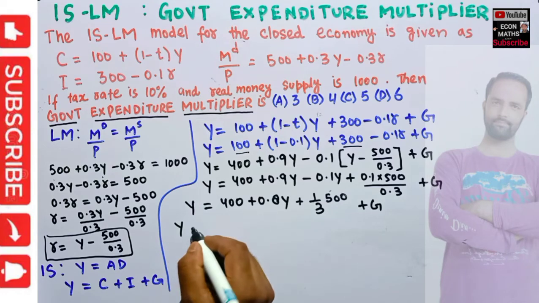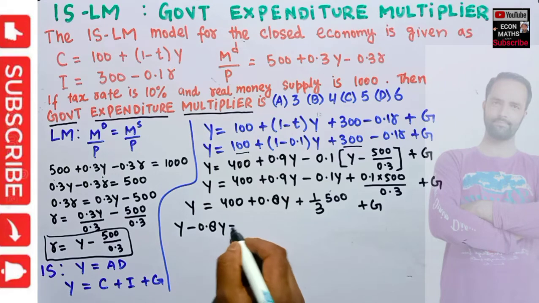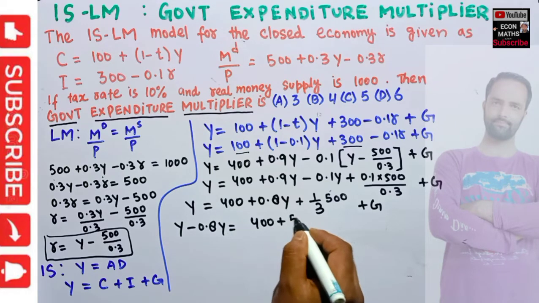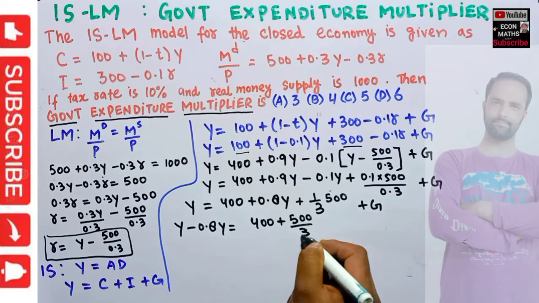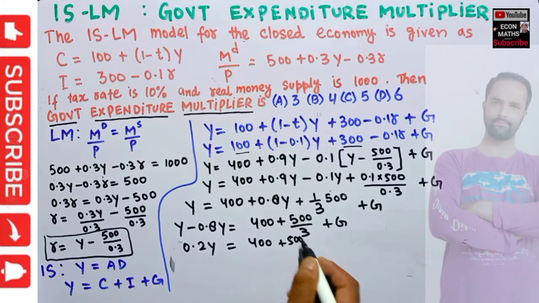Now transposing this 0.8 to LHS, it will get subtracted, so we have here 400 plus 500 upon 3 plus government expenditure. So let's simply subtract: y minus 0.8y is 0.2y, is equal to 400 plus 500 upon 3 plus g.